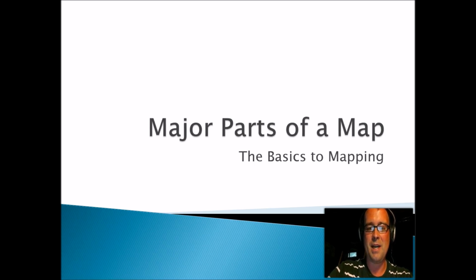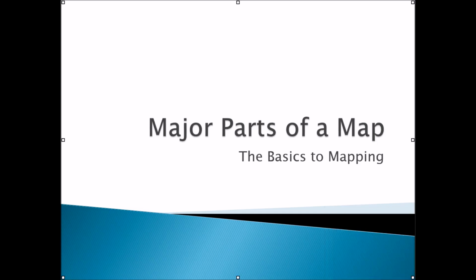So, let's begin. For today, we're going to be discussing the parts of a map. Now this may seem like a basic and very silly thing for me to have to describe to you after 6 years of being in a classroom, but we want to make sure we're all starting on the same page. Our goals for this lesson will be to take the major parts of a map and ensure that you understand what they are and the basic functions they each have.